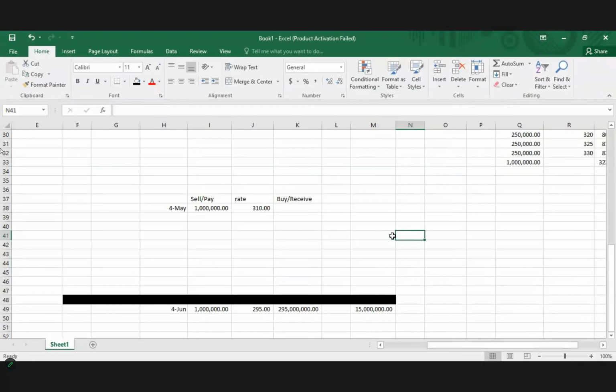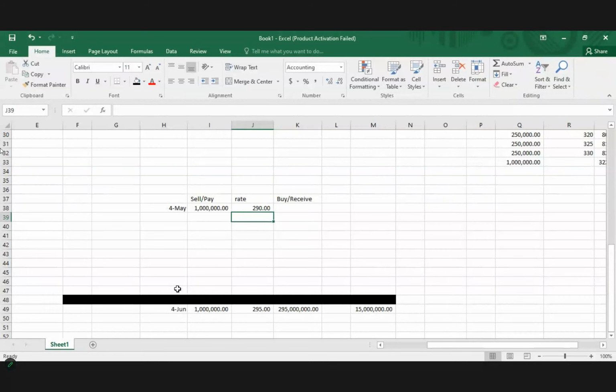Exactly. Now, I have to find another counterparty to sell this $1 million to do this transaction. Right? So by that time, if the rates have basically moved to 290, let's say, like today, then what happens?